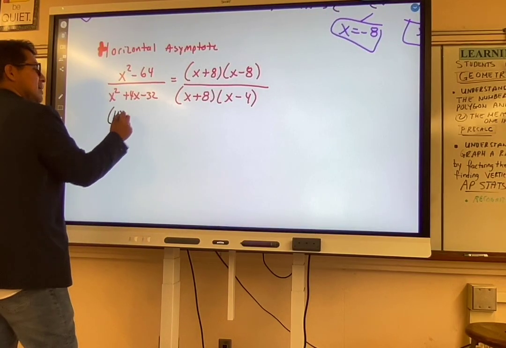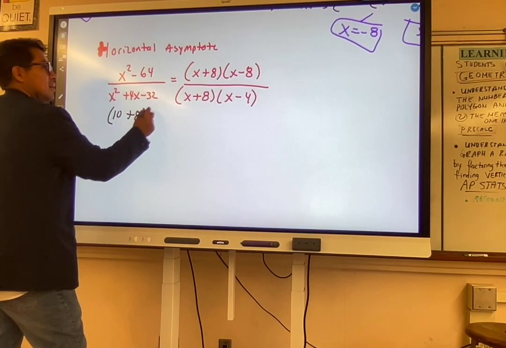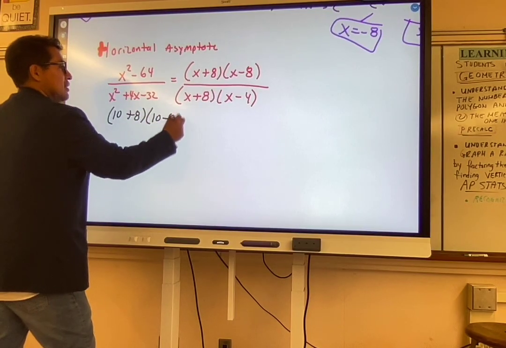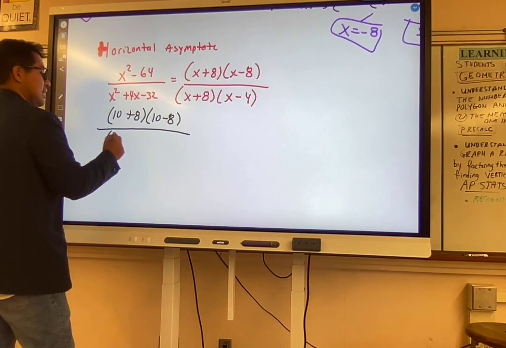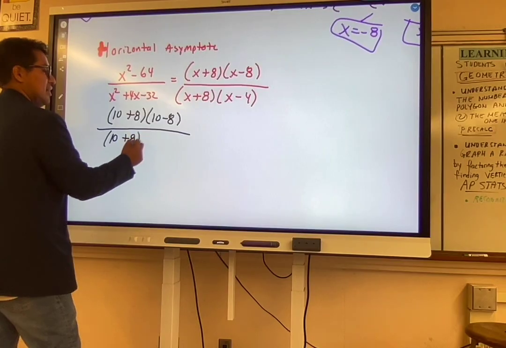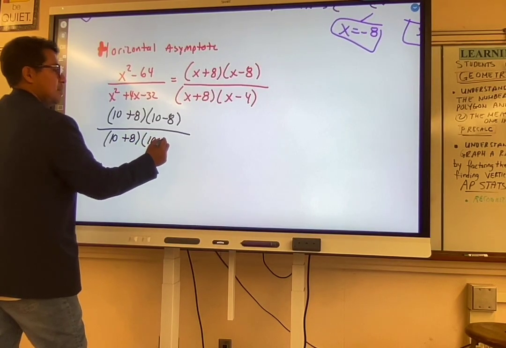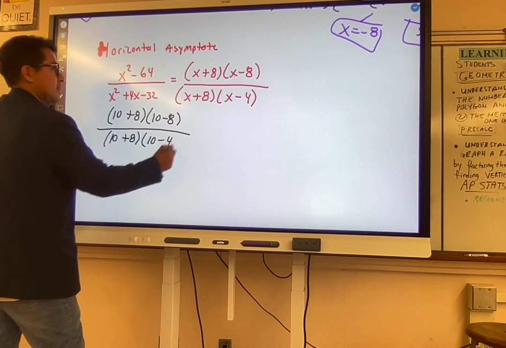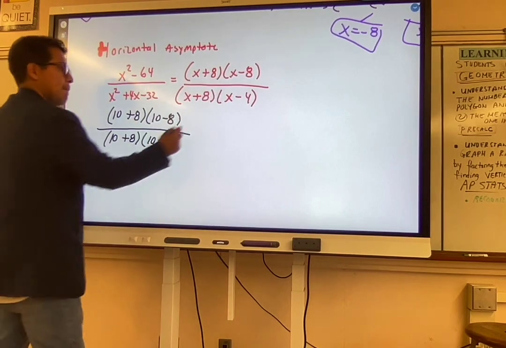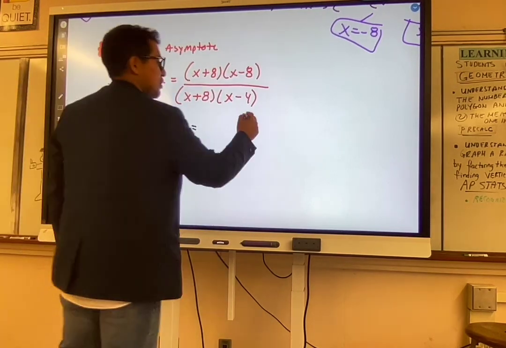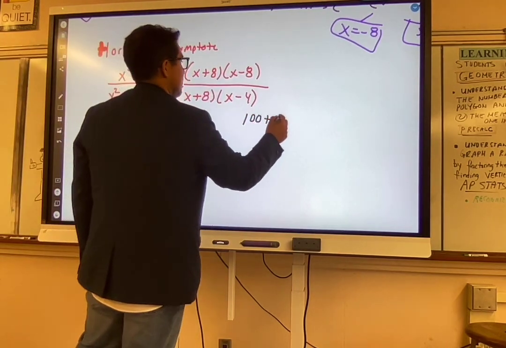So let's plug in tens. What is 10 plus 8 times 10 minus 8, all over 10 plus 8 again times 10 minus 4? I'm just replacing all the x's with tens. I'm going to figure out what that is. I'm also going to figure out what happens when I plug in 100.